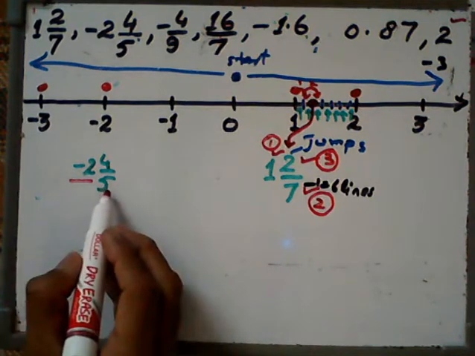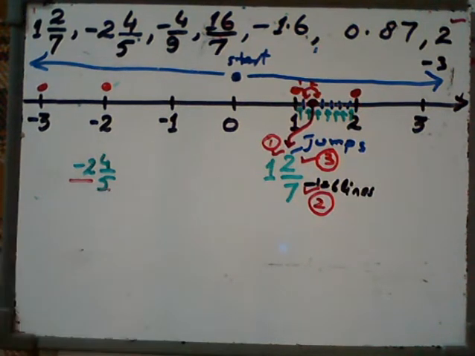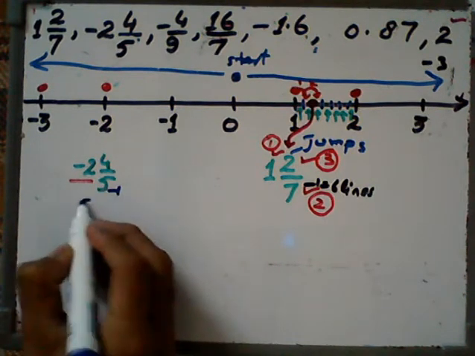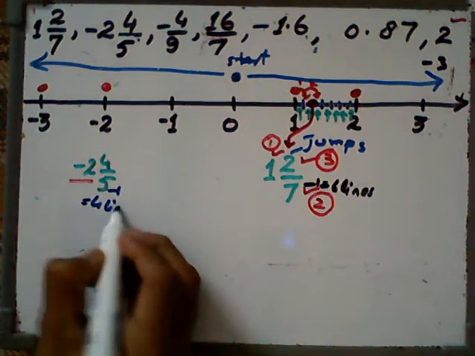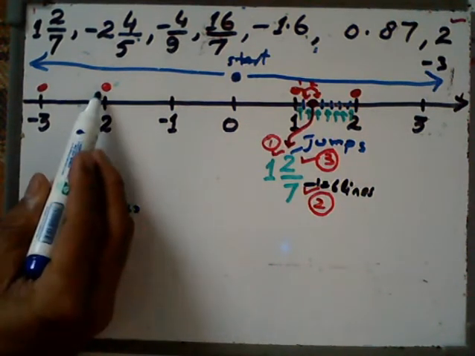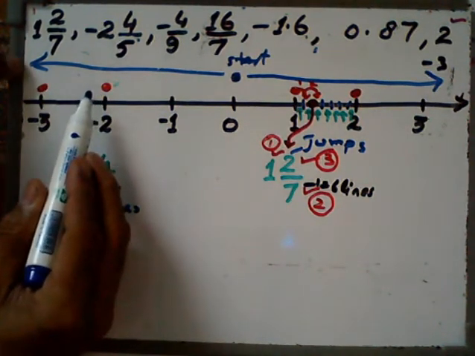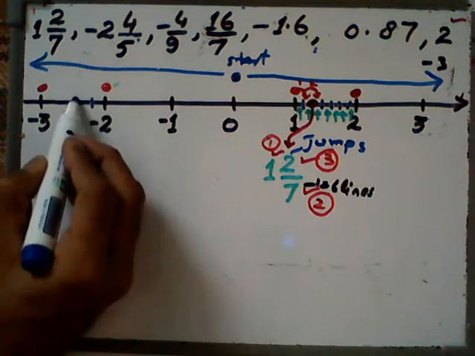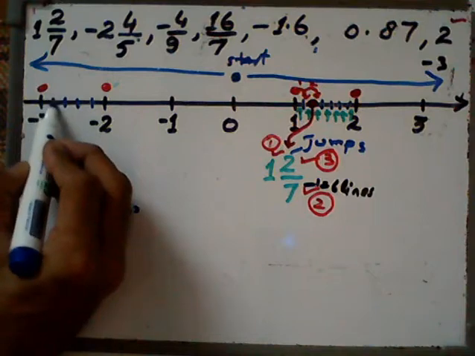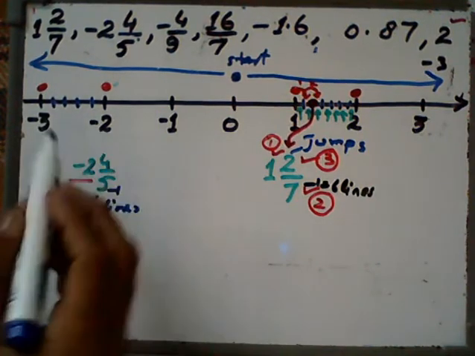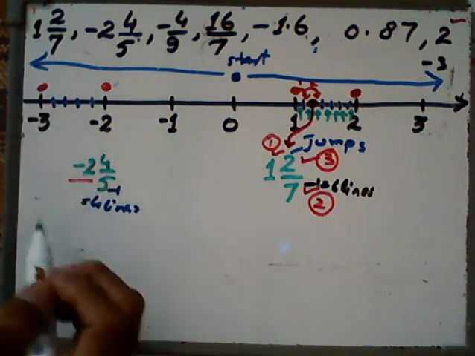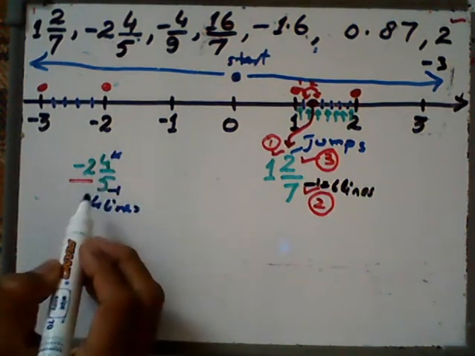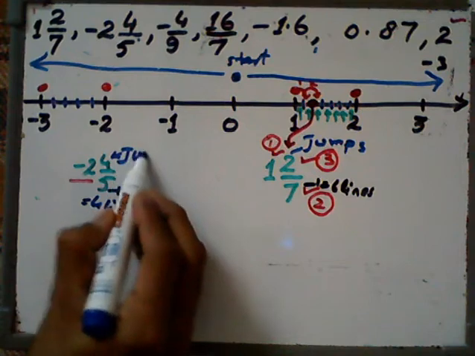Now 5 means minus 1, which means 4 lines. So we'll be drawing from minus 2 towards the left side, 4 lines. So 1, 2, 3 and 4. We have seen that there are 4 lines, and this is showing the jumps, how many jumps we need to make.